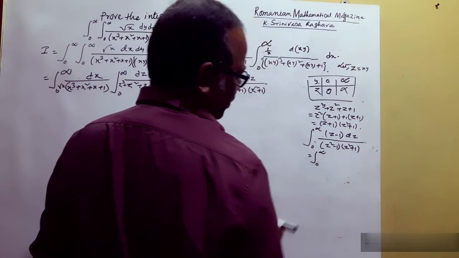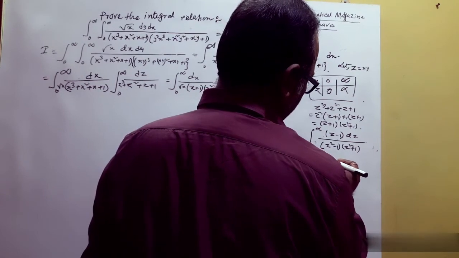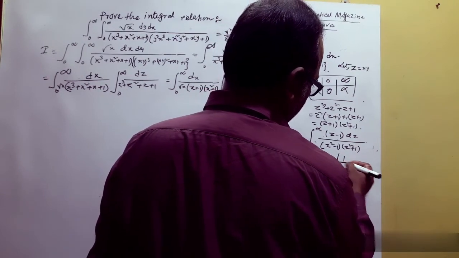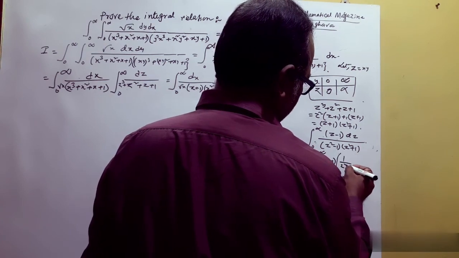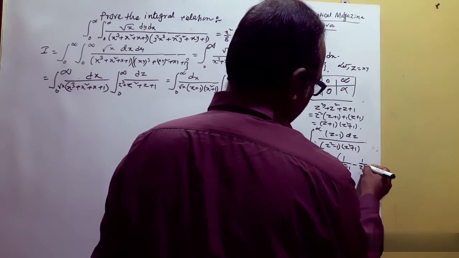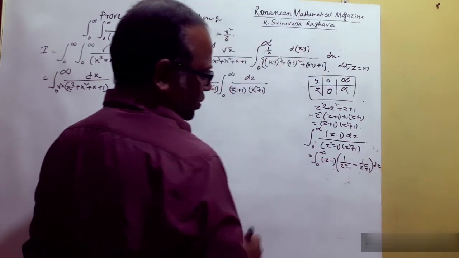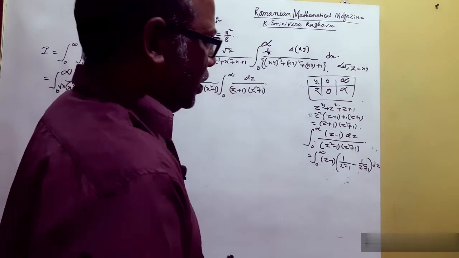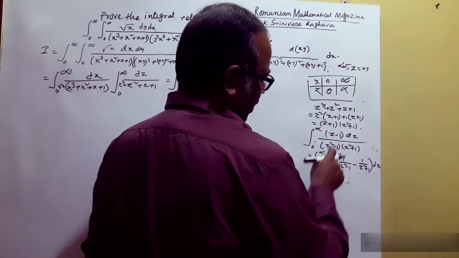See, this is 0 to infinity. We can write z minus 1 over z square plus 1 and dz. If we take the LCM, then the LCM value is this, but here is 2.